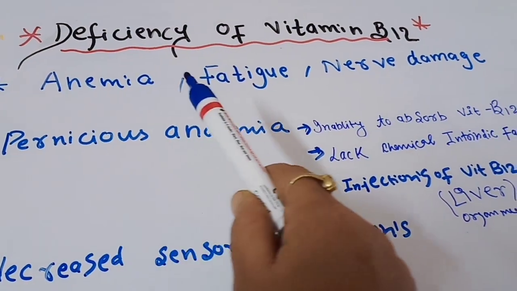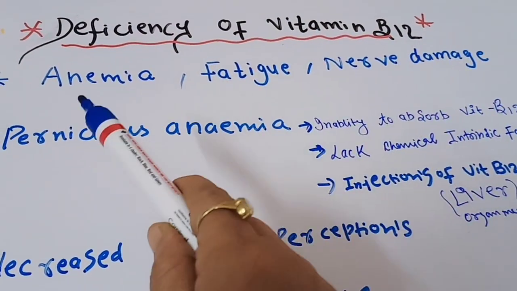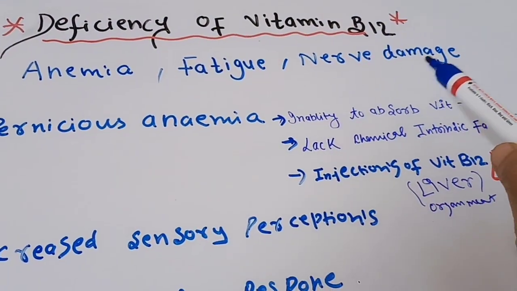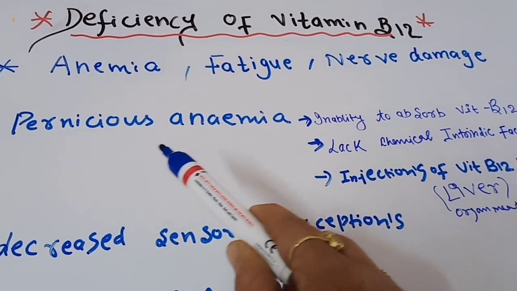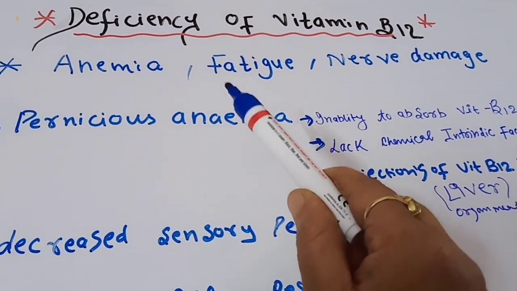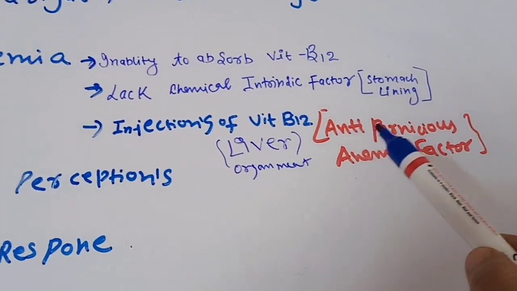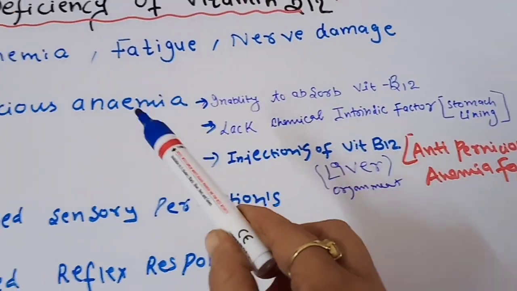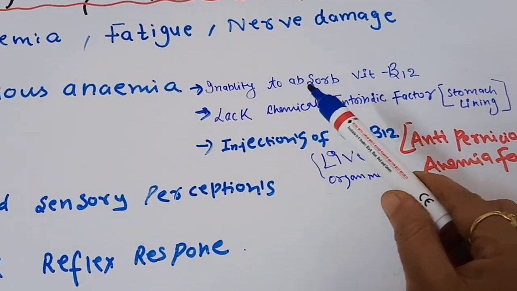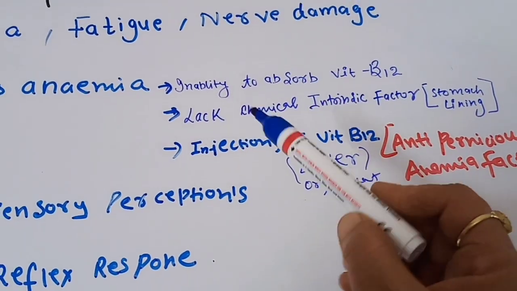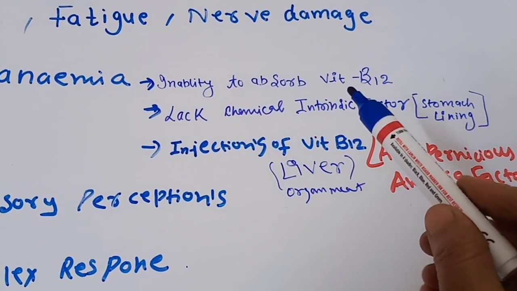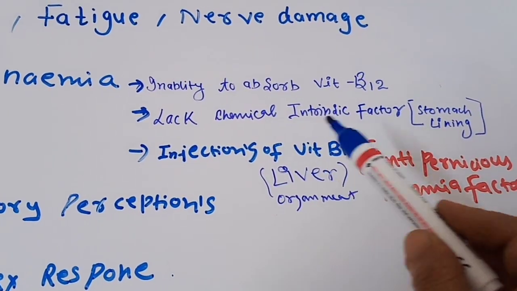The deficiency of vitamin B12 causes anemia, fatigue or nerve damage. It also causes pernicious anemia, which is why in the beginning itself we called vitamin B12 the anti-pernicious anemia factor. Pernicious anemia is an inability to absorb vitamin B12, and it is caused by the lack of the intrinsic factor, a chemical present in the stomach lining.